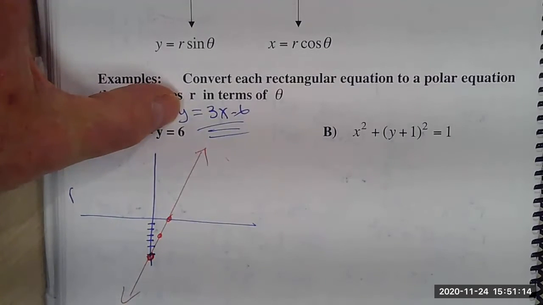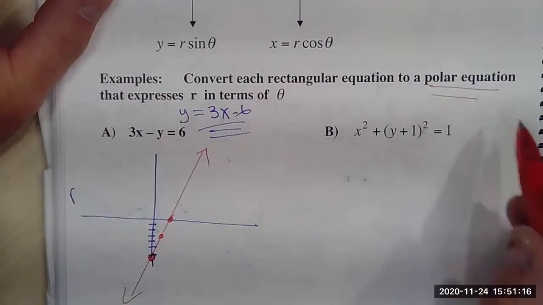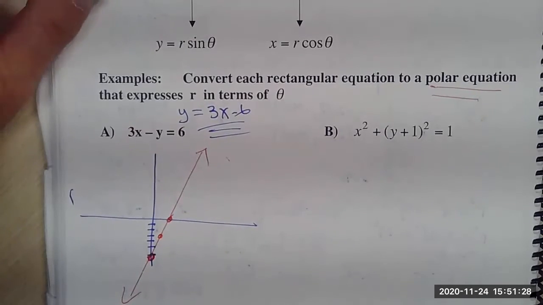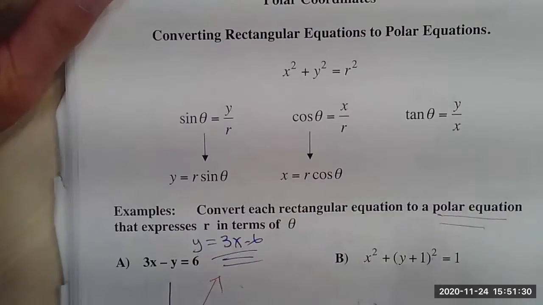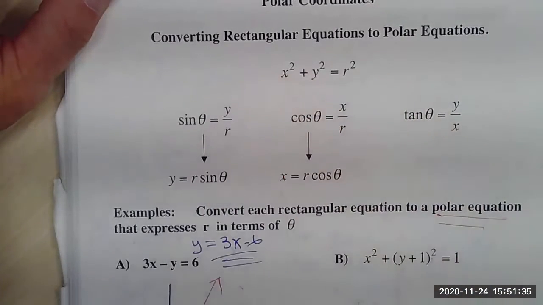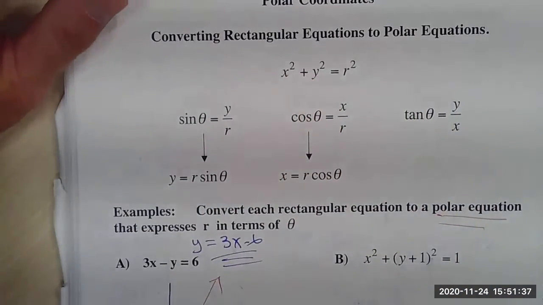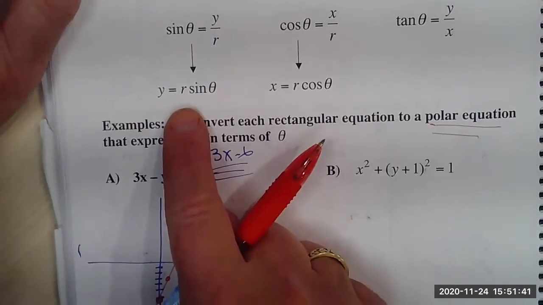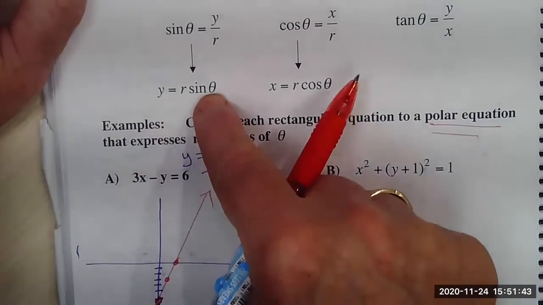And if I want to convert it into a polar equation, somehow you get rid of the x's and y's. Polar does not have x's and y's, only r's and thetas. So get rid of the x and y. That's sometimes a little challenging. I'm just going to look to see what I could use up here to help me get rid of x and y. Well, let's see. R, I got a y here. I don't have an angle.